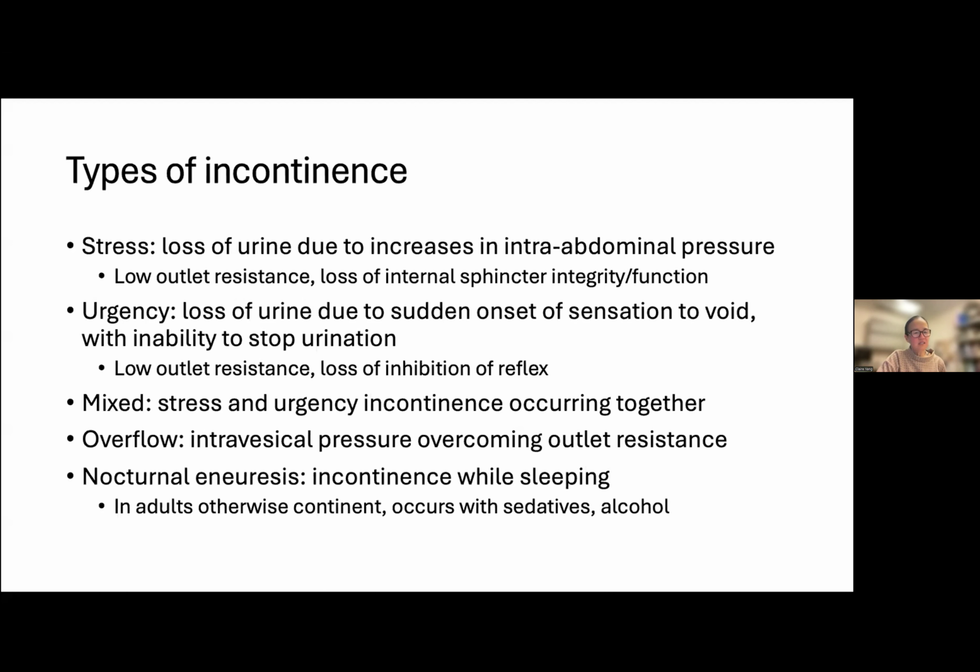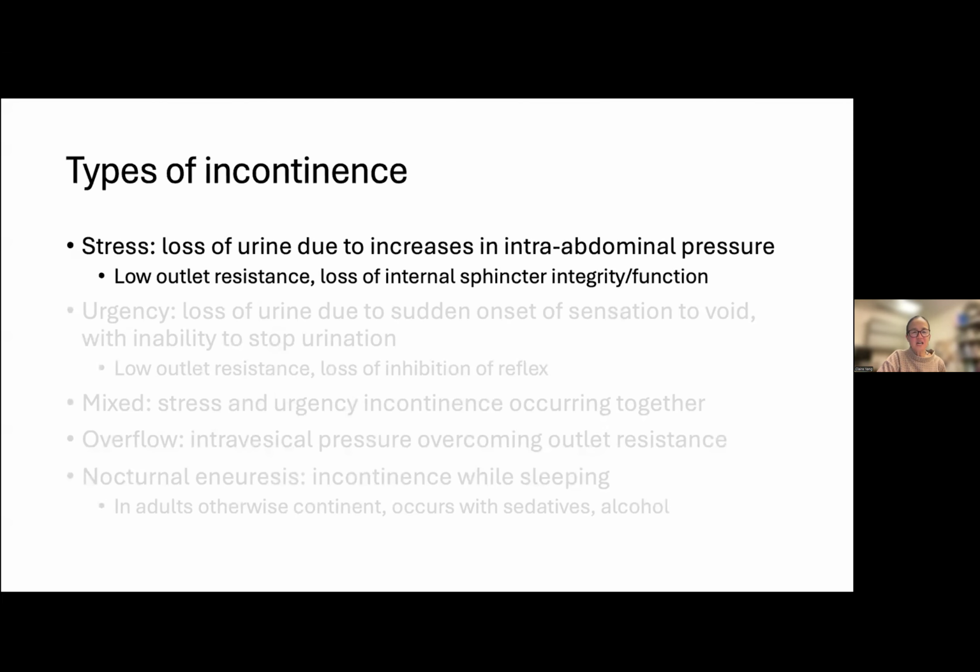Now, there are a number of types of incontinence, and I'll run through these briefly just to keep in mind here that there are many causes of incontinence. So when somebody complains of loss of control of their urine, it isn't going to be all due to the same thing in every person.